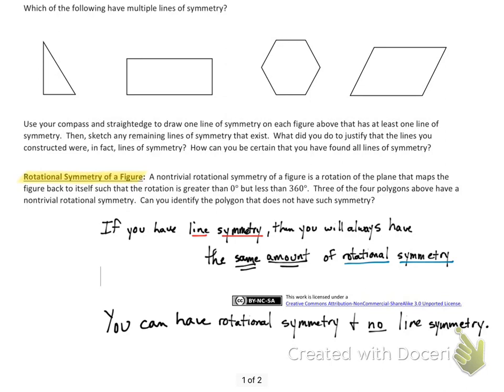And so I'll add a note to that. If I can spell right, you cannot have more lines of symmetry than the number of sides.